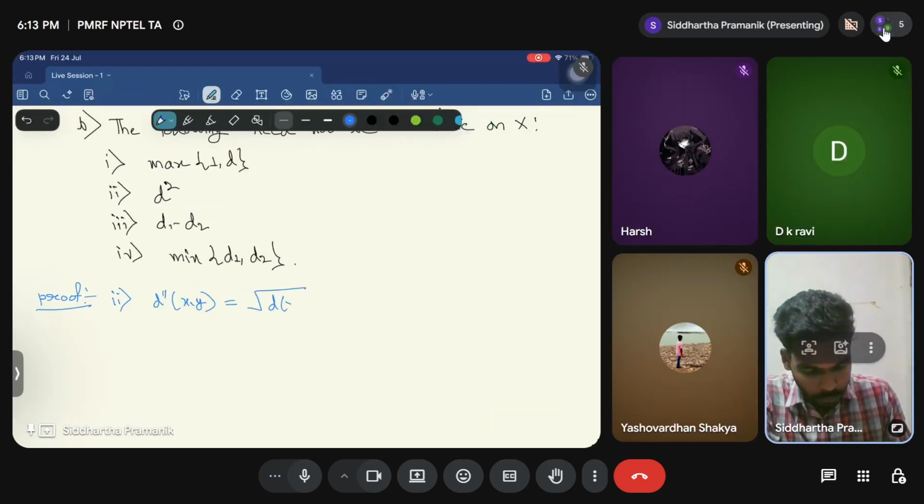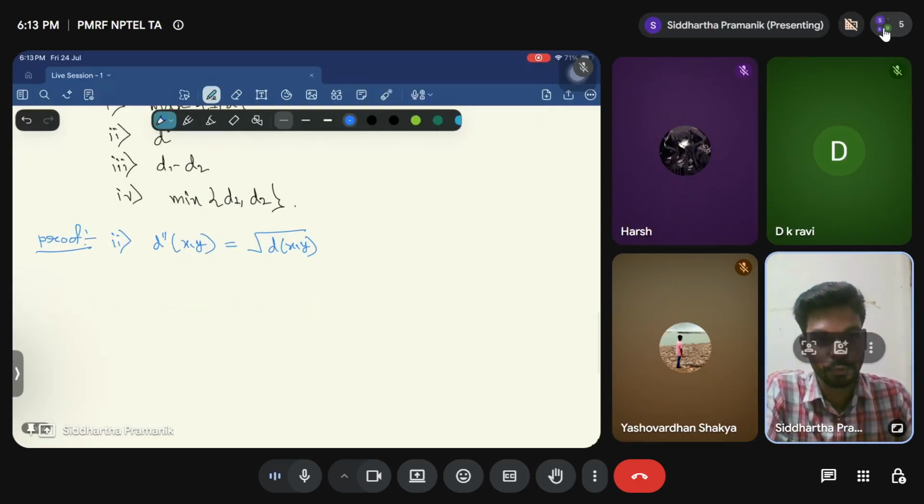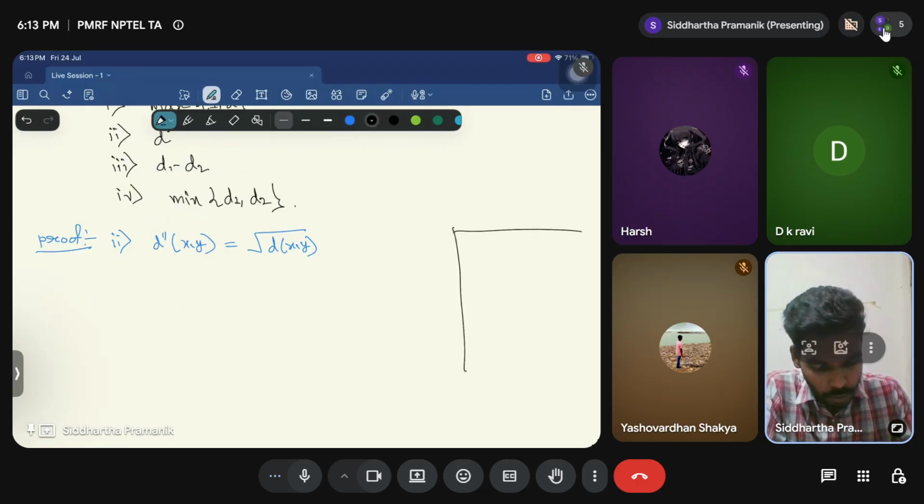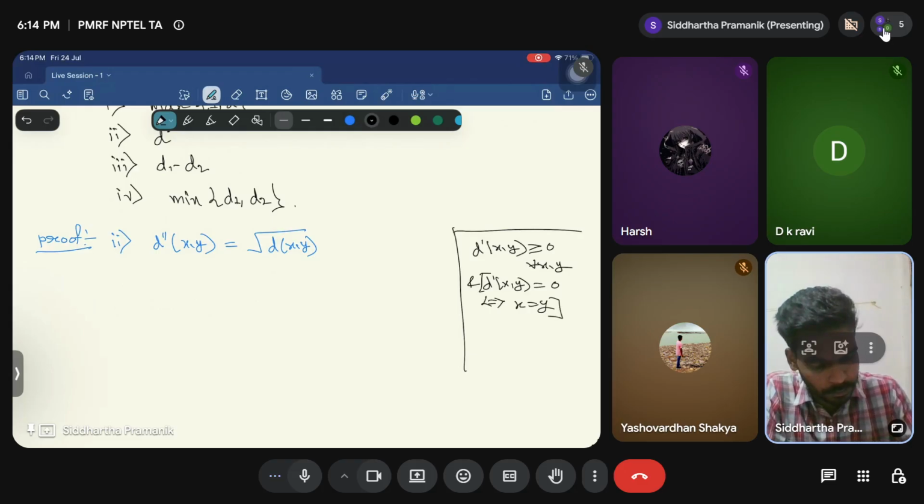Okay, so to prove this one is a metric, we need to check three axioms. I am just writing those on the side. We have to check that d prime xy is always non-negative for all x, y, and d prime xy is 0 if and only if x equals y. This is the first axiom, non-negativity.